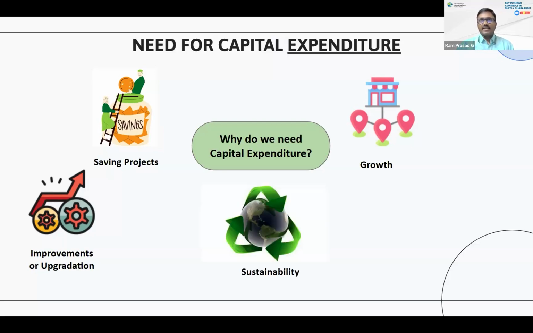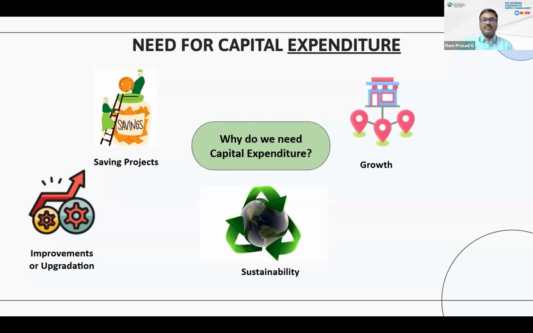Next is sustainability. Currently, the world would like to get to carbon neutral. With solar and wind power, there are so many new systems which avoid the usage of fossil fuels. So we may get into procurement of an asset due to a sustainability-related change. That could be another reason for getting into a CapEx process.